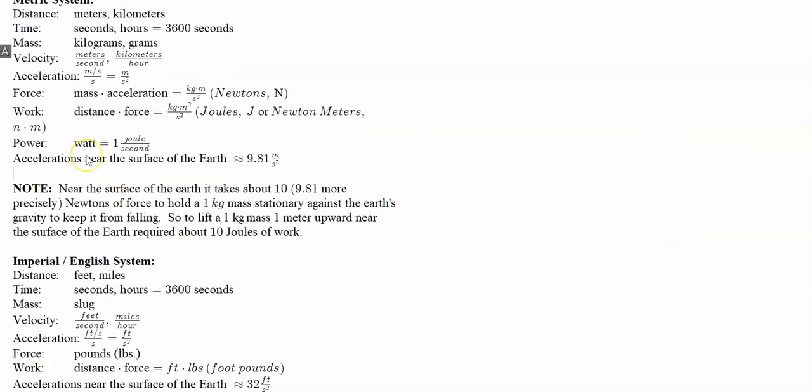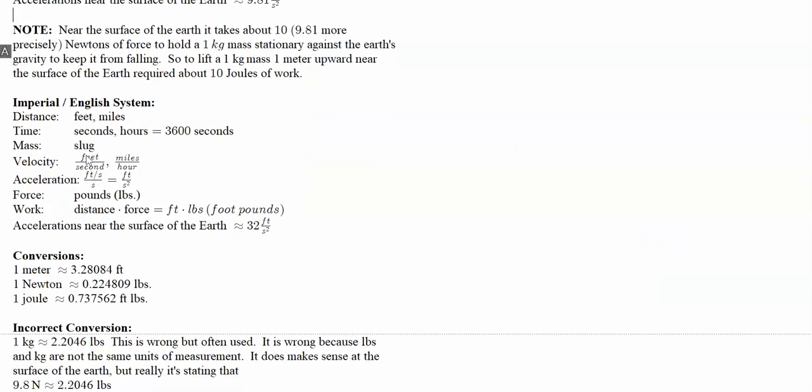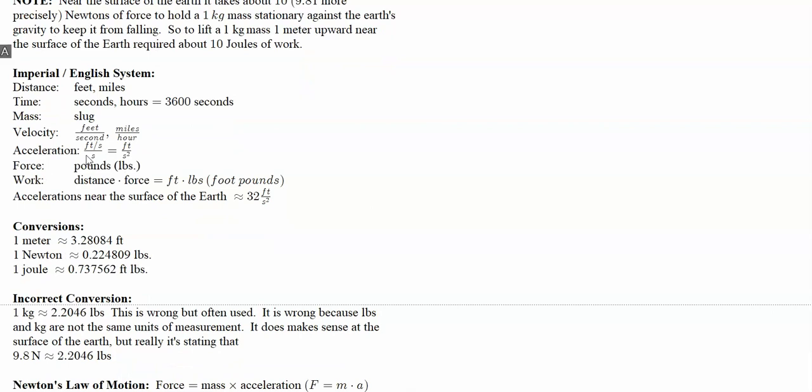Okay. Now down here we have units in the imperial system, or the English system. We won't be using these too often, but we have them listed here for you to consider. Distance is usually in feet or miles. Time is also seconds, minutes, hours.